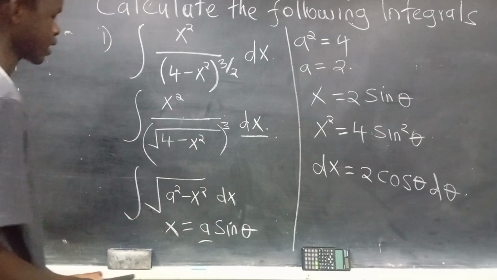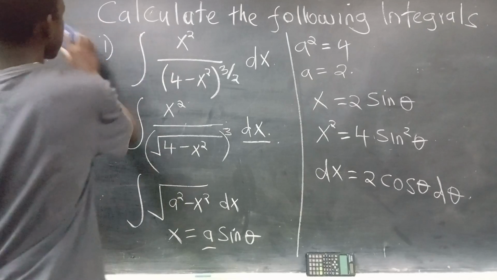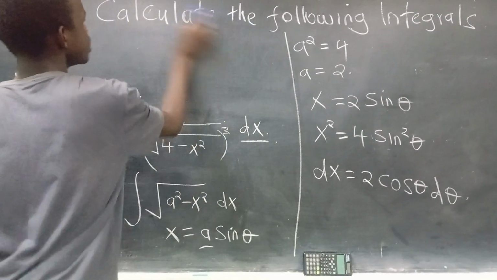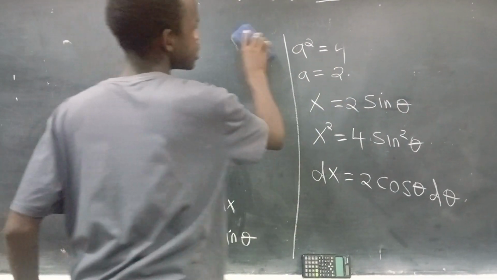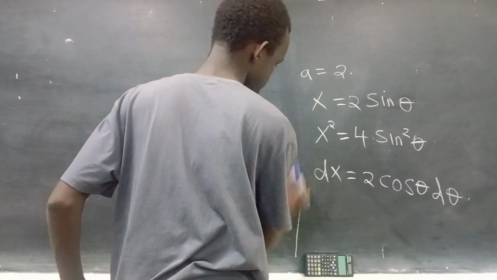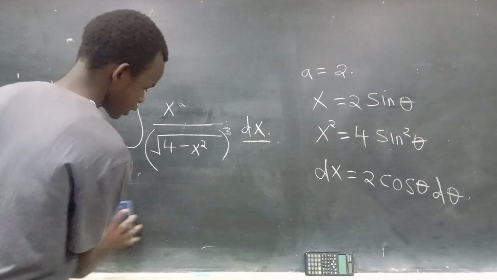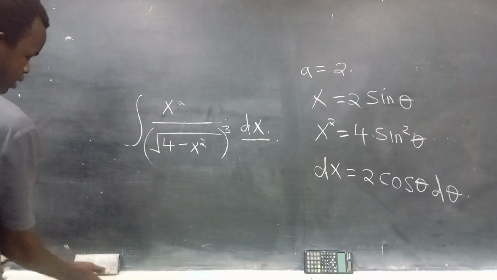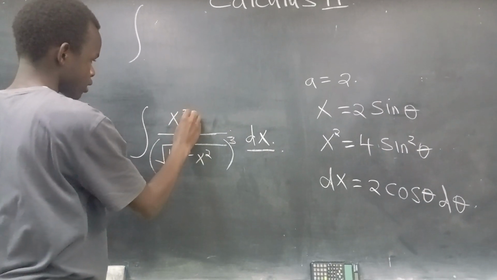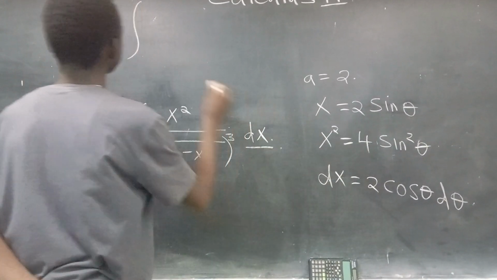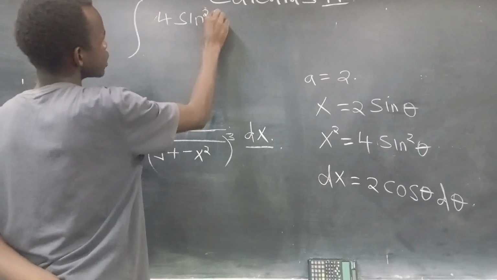From there, just replace all the information inside the integral. Keep in mind that a, don't forget. So I'll write the integral of x squared, but what is my x squared? It's 4 sine squared of theta.